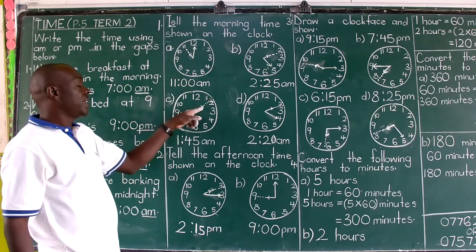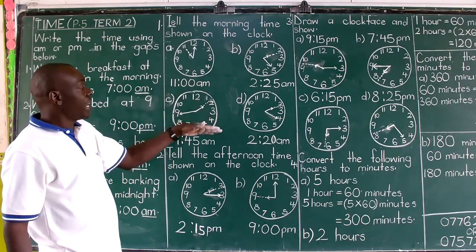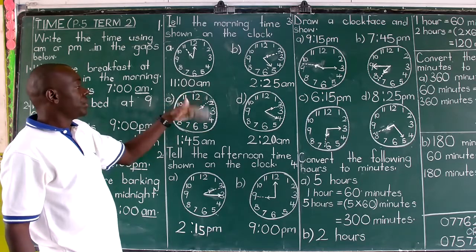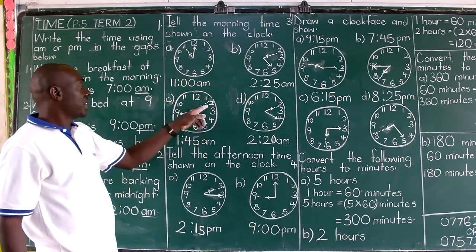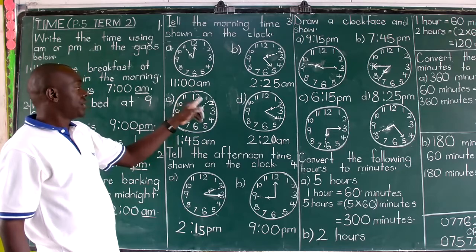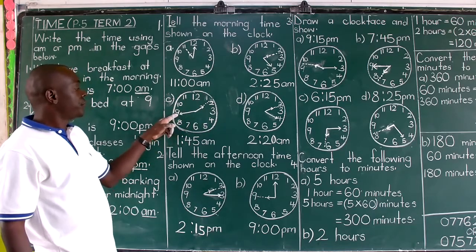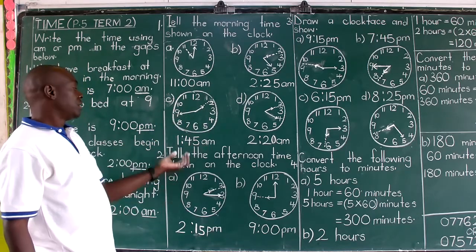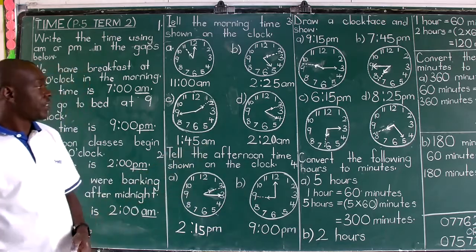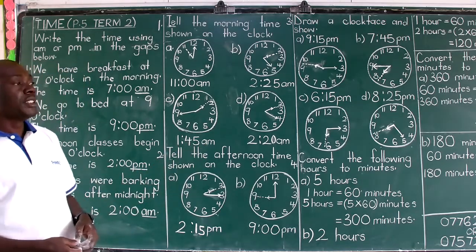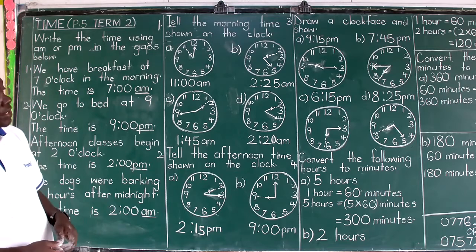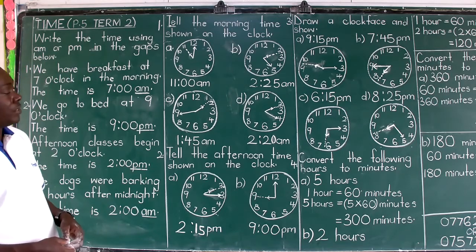That's why the hour hand has gone past the 1. But the answer is not yet 2, please. It is 1:45 AM. That's the answer. In short, the longer hand counts the minutes by multiplication by 5.